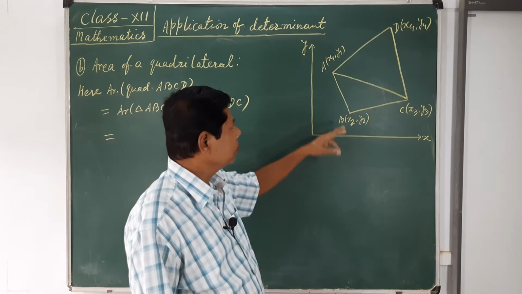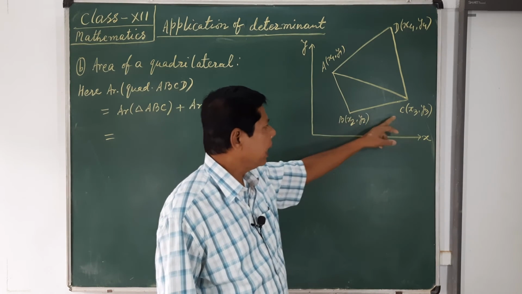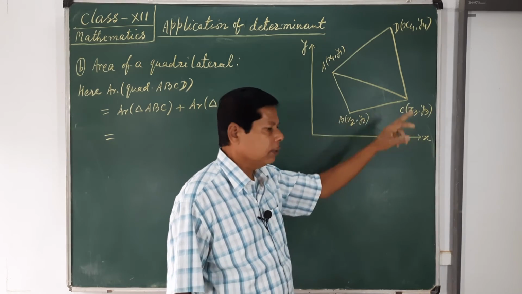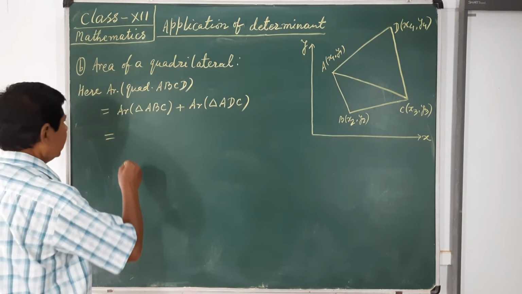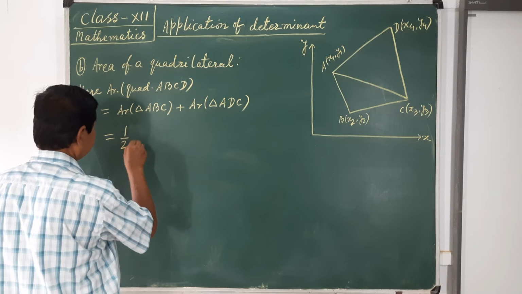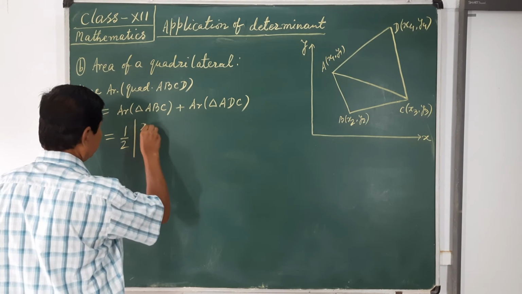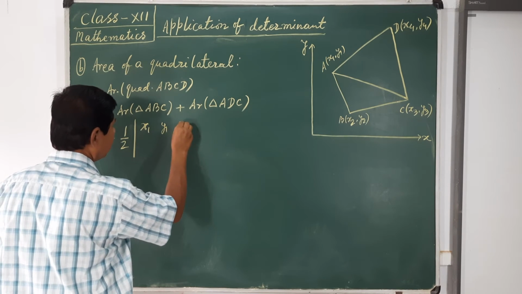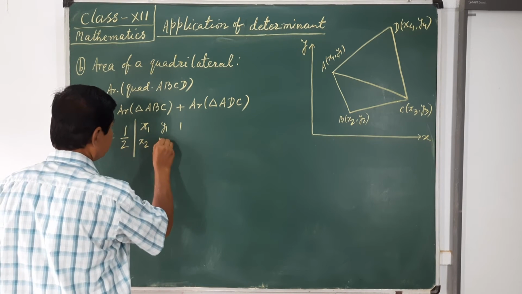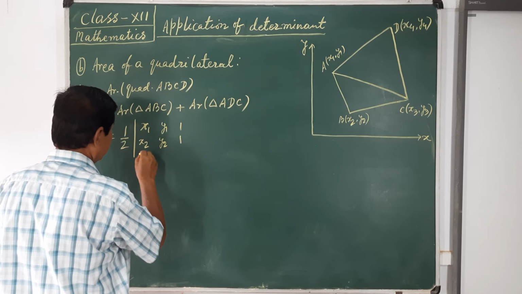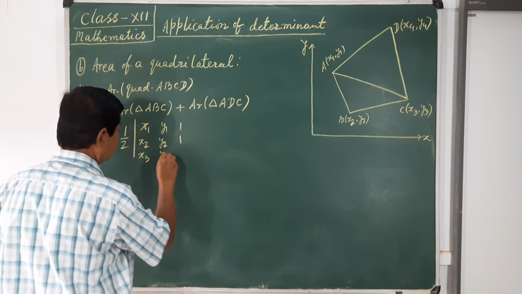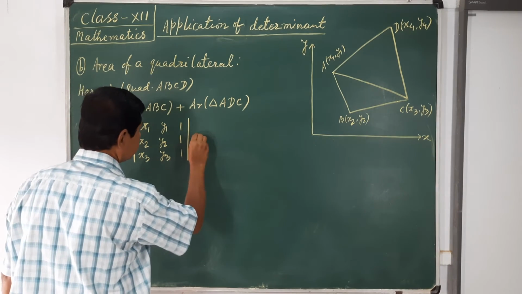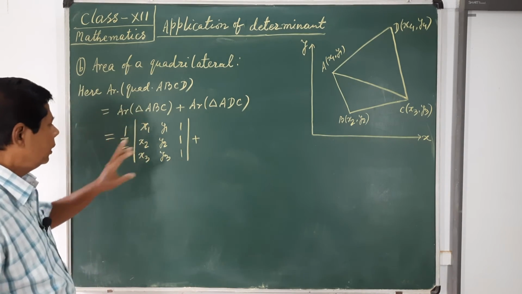The area of a triangle is already derived in terms of a determinant. So, the area of triangle ABC having coordinates x1, y1, x2, y2, x3, y3 is half the determinant of x1, y1, 1, x2, y2, 1, x3, y3, 1. This is the area of triangle ABC.